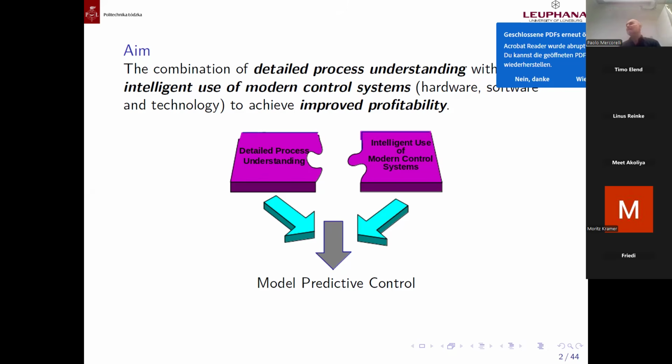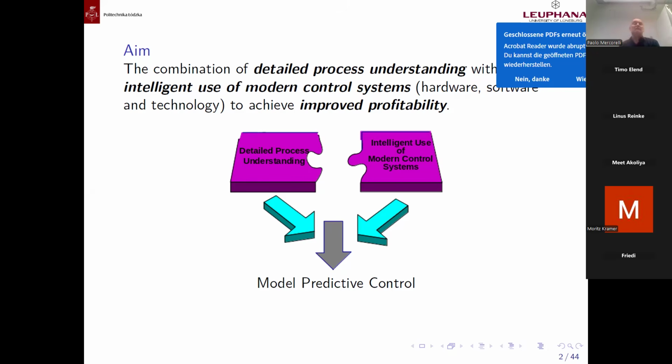Detailed means deterministic. This means a structured model consisting of differential equations, parameters, everything which I will show you a little in the next minutes.